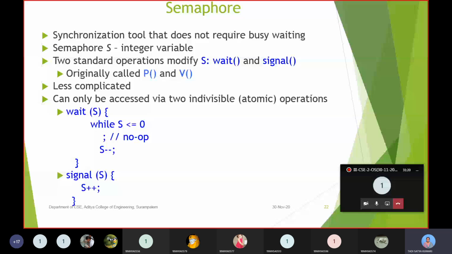Anyone, please respond, either through chat or by using your microphone. If you are unable to speak on the microphone, please respond through message. Are you able to see the wait and signal operations on the screen?